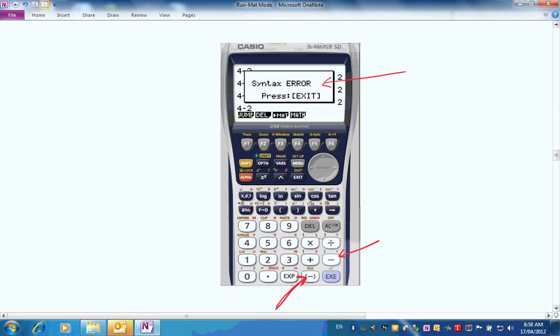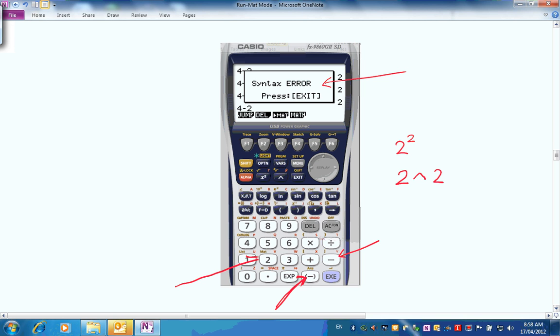What I would like you to do now is to work with some powers of numbers. So I want you to hit exit and then enter 2 squared. To do that with the calculator we go 2 and then we're going to look for this little hat here. Let's do that now.